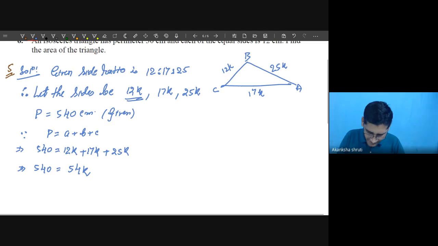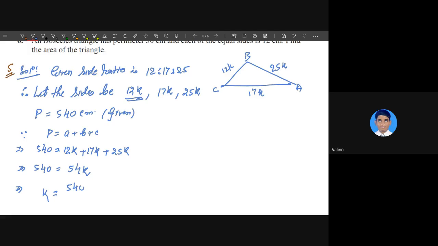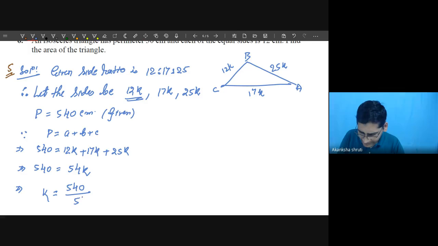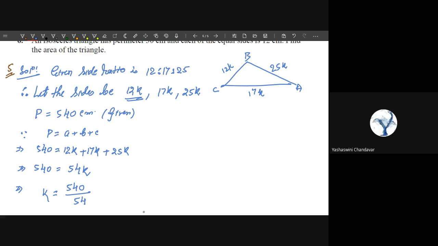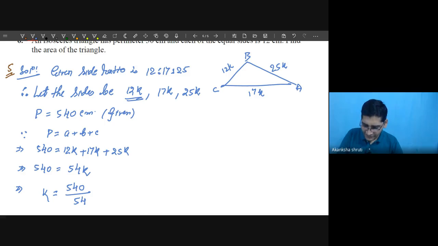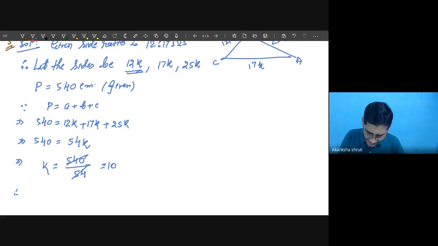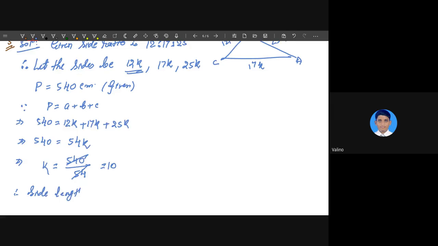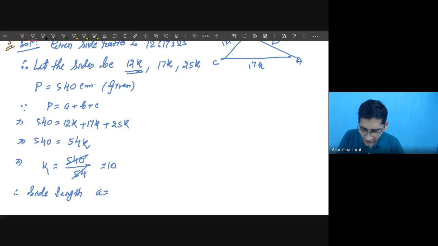54k. So for calculating k, what do we need to do? 540 divided by 54. Students, I have written it directly. Whatever is on the left hand side will be the numerator. So dividing it, we get 10. Therefore, what are the side lengths? 10 into 12, 10 into 17. So a as 12k is 12 into 10, 120 centimeter.